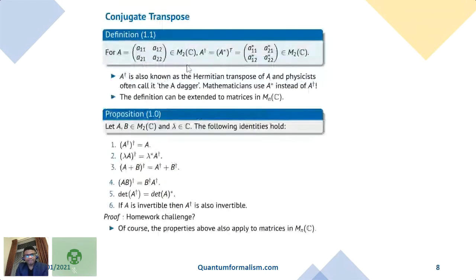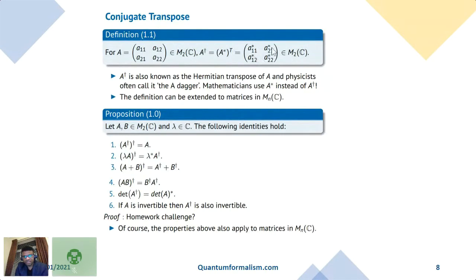And now we get to the conjugate transpose. We also already covered this before, but I'm just refreshing because I know it's a new year. So the conjugate transpose is nothing more than taking the transpose of the matrix and then conjugating it.